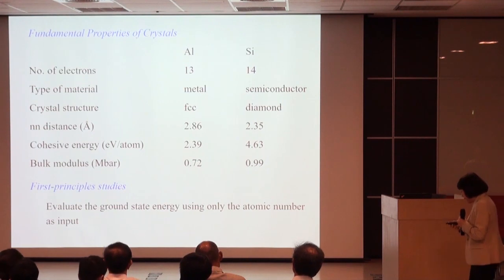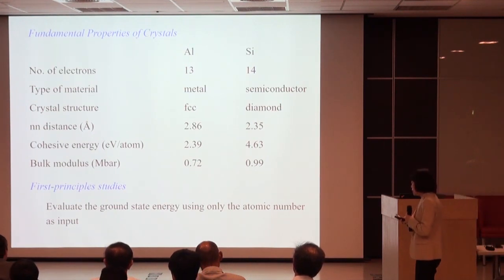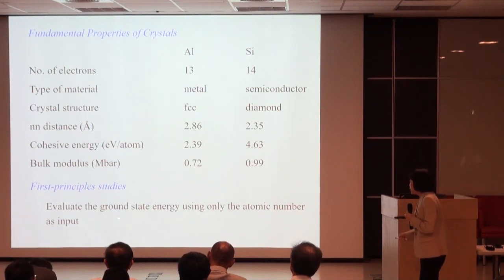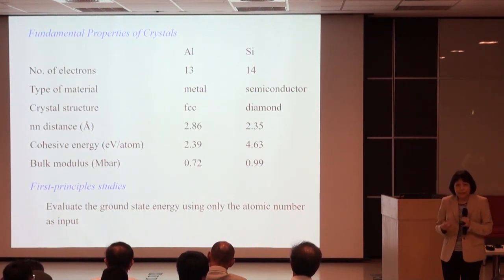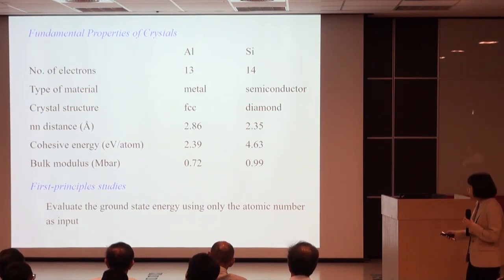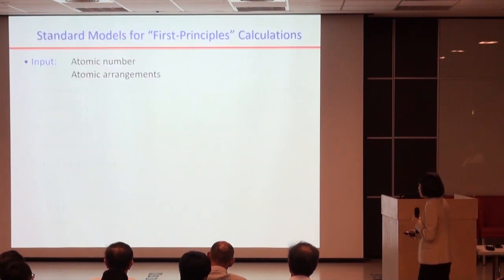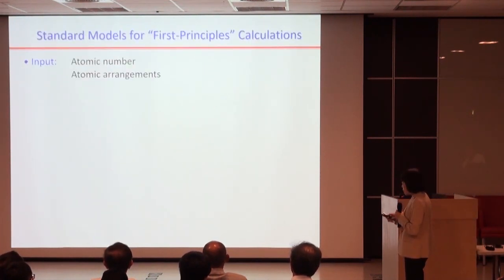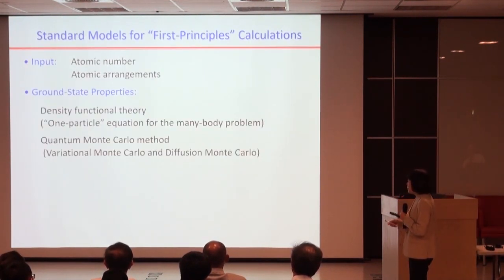Okay? So in the so-called first principles studies, what we want to do is use whatever we have learned and developed to answer questions about the basic properties of those materials. Okay? And in the standard model nowadays, we just need to use the atomic number and arrangements.